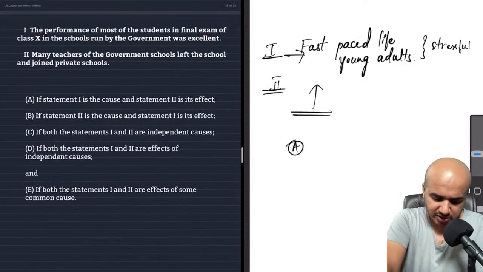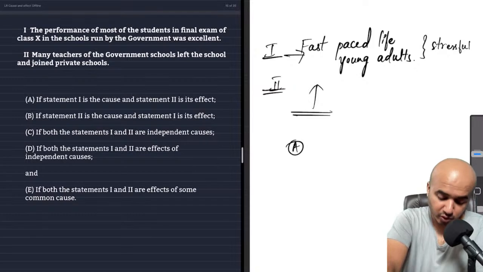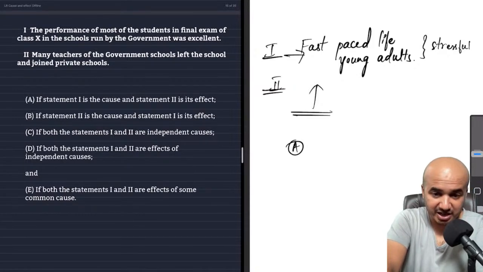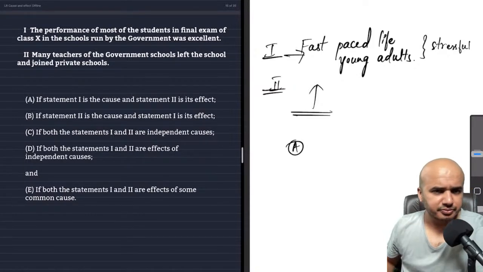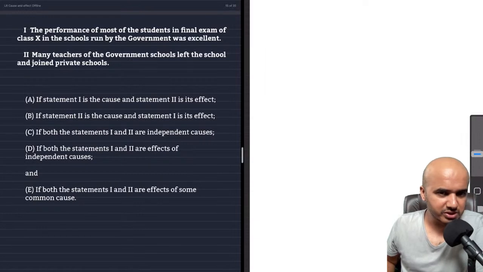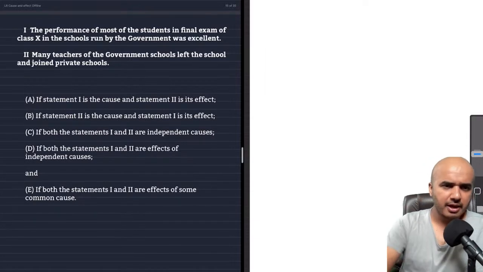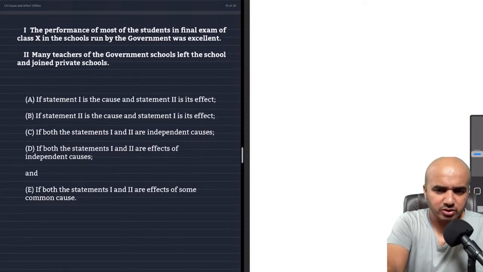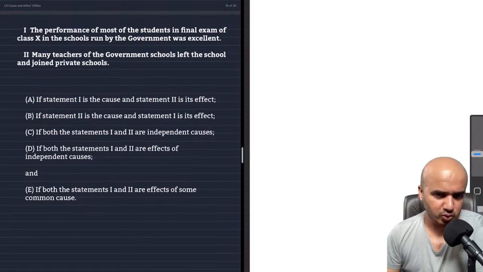the performance of most of the students in the final exam of class 10 in the schools run by the government was excellent. Many teachers of the government schools left the school and joined private schools. Now, how are these two related? On one hand they talk about the performance, and on the other hand they talk about the teachers joining private schools.